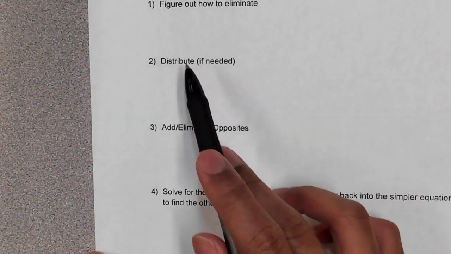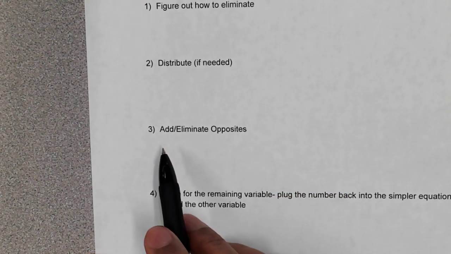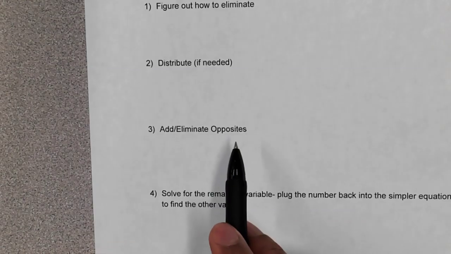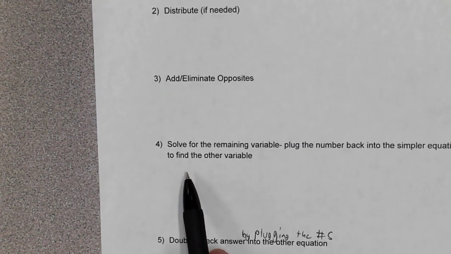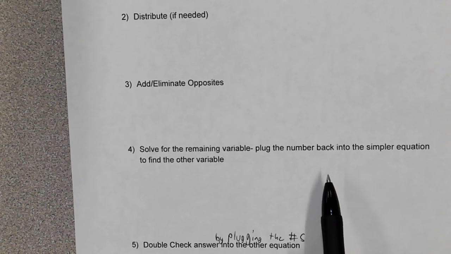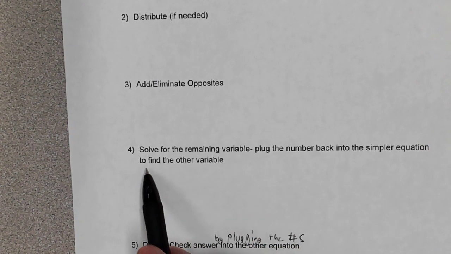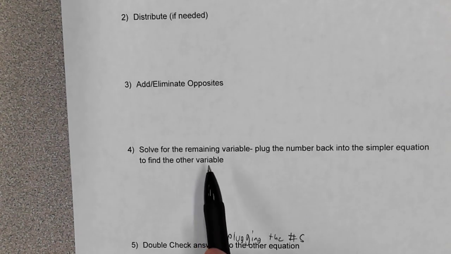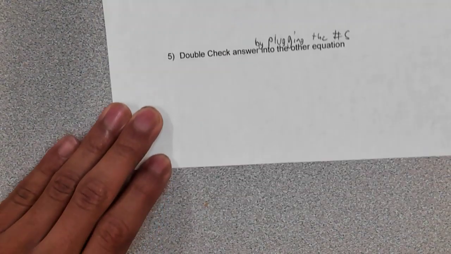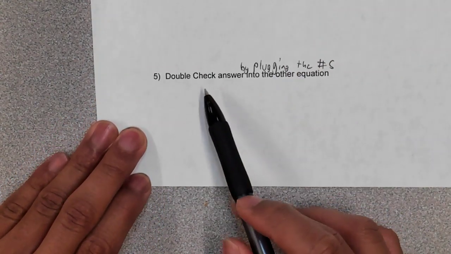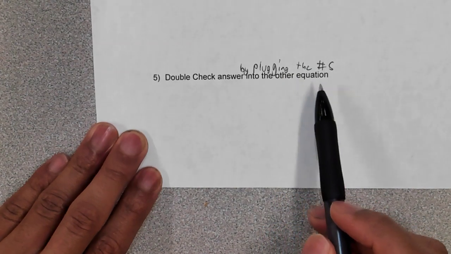Step number 2, distribute if needed. Step number 3, add / eliminate opposites. Step number 4, solve for the remaining variable. Plug the numbers back into the simpler equation to find the other variable that's missing. And now that you have both variables, step number 5, double check the answer by plugging in the numbers into the other equation.